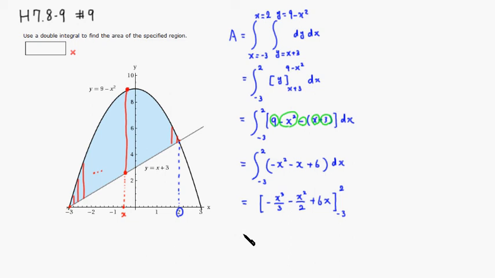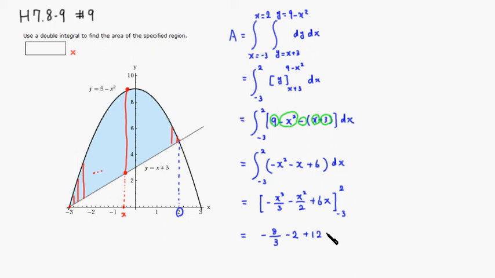Plug in positive 2 first. 2 cubed is 8, so it's negative 8 over 3. 2 squared is 4, divided by 2 is 2, so minus 2. And 6 times 2 is 12.